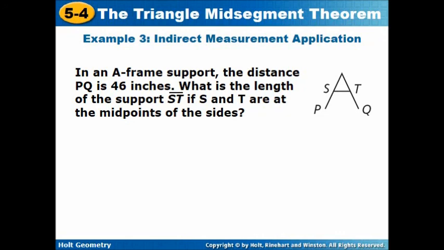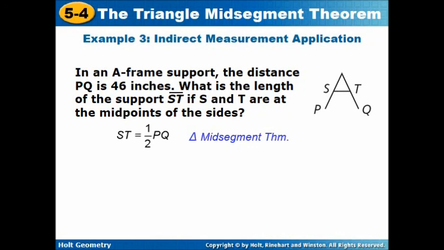Well, if we knew that ST was at the midpoint of PS and QT, and that it was therefore the midsegment, then we know that we could measure the distance of PQ at the floor very easily and just divide by 2 and we would have the correct length of ST. So we're going to use the triangle midsegment theorem, and we know that because of it, ST equals 1/2 the length of PQ.